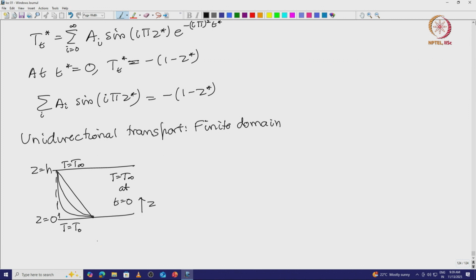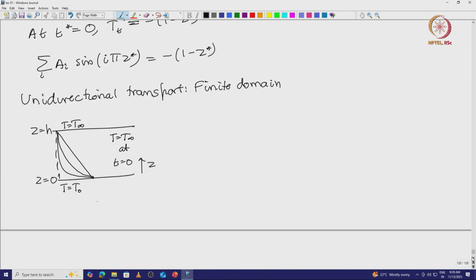If you recall, we had scaled T star equal to T minus T infinity divided by T naught minus T infinity, so that T star equals 1 at the bottom surface and T star is 0 throughout the domain at initial time. We scaled z star equal to z by h, so z star equals 1 at the top and z star equals 0 at the bottom.